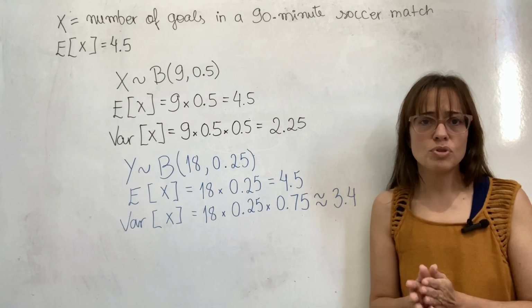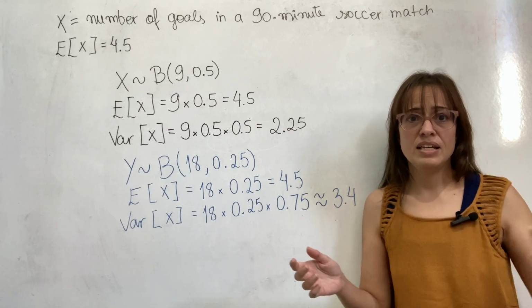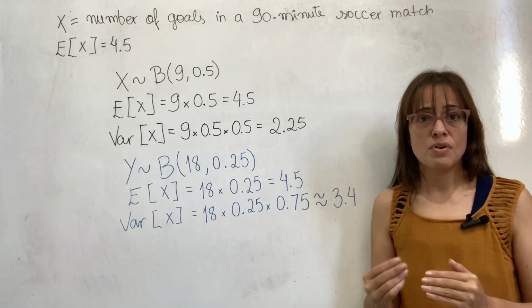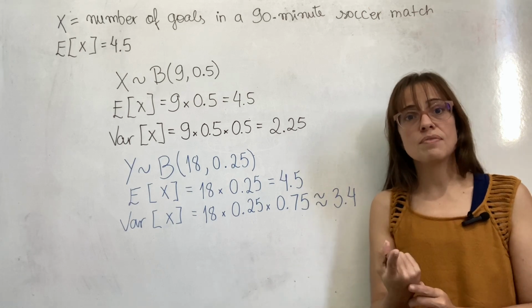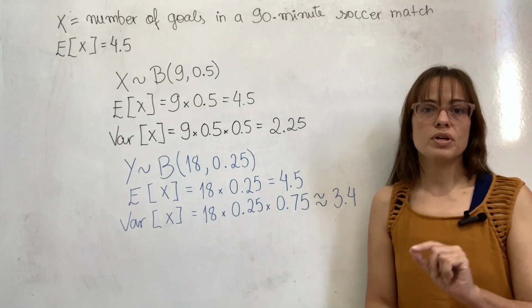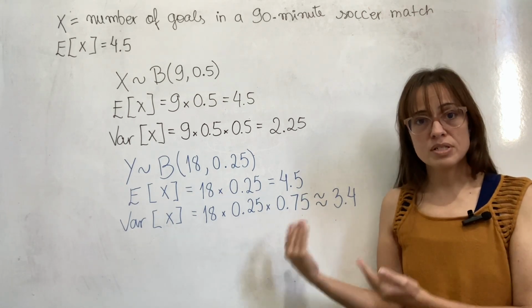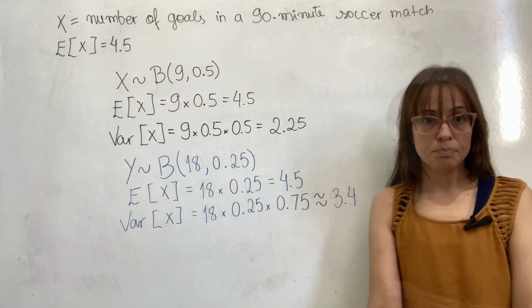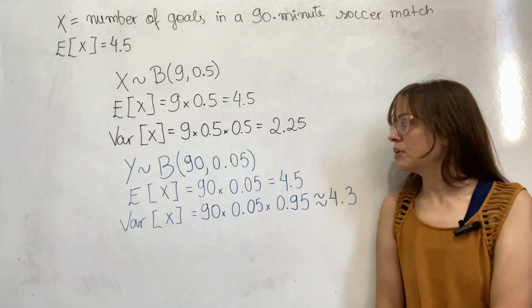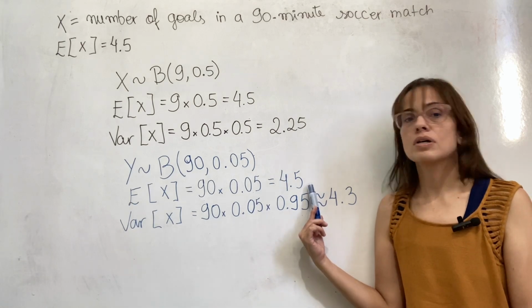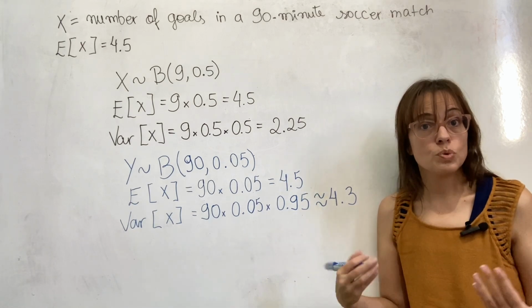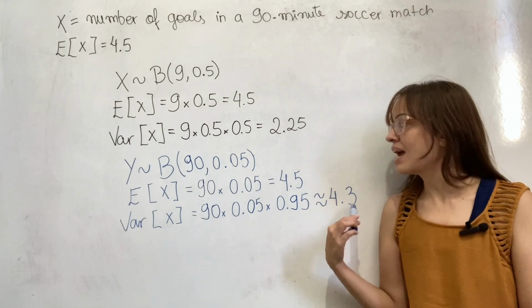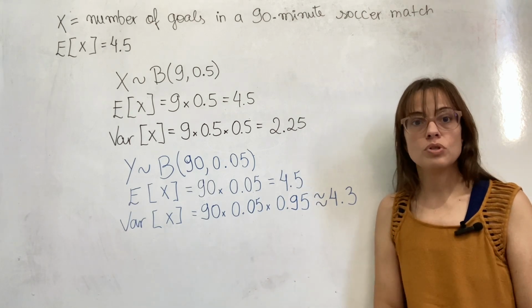So you could do this in 90 intervals of 1 minute and say that the probability of a goal being scored within that 1 minute is 0.05, and you would still have the same expected value of 4.5. I've just put those numbers here, and of course the expected value is not changing because we're doing this on purpose, but the variance has changed again, and it has gotten closer to the expected value.